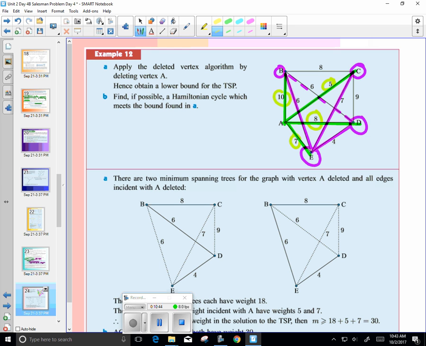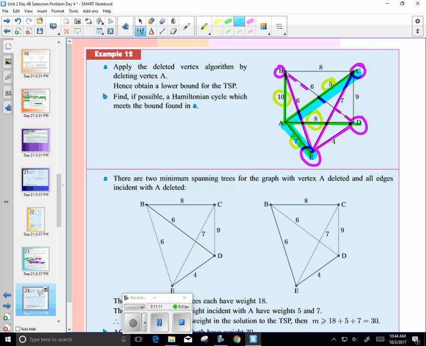For sure we want to use 5, right? For sure you want to use 5. There's 5. And then to make the cycle, what are you going to do? 7 or 8? 7? Yeah, because then you can go here.